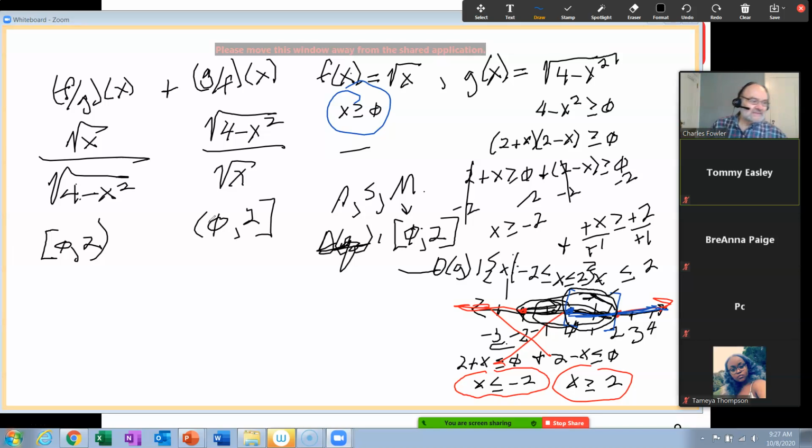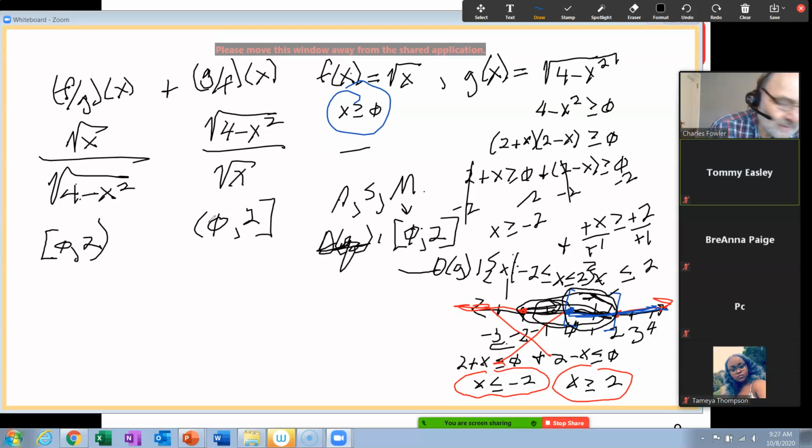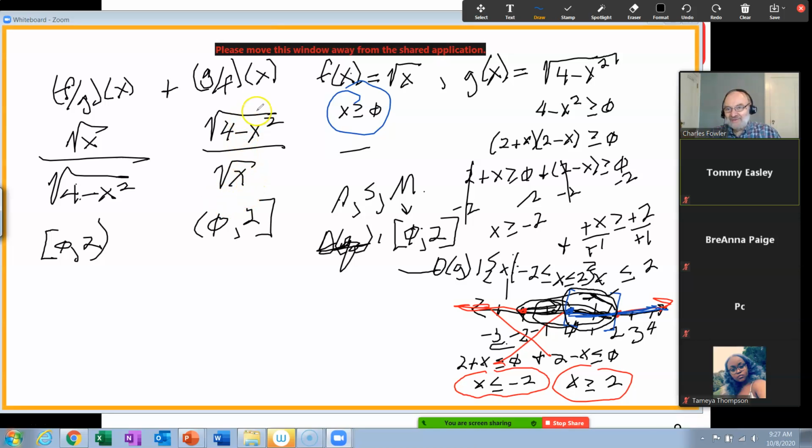All right. Let's see how the book did it. They wrote down, this is the easy part, the division: f divided by g is just simply f divided by g, and g divided by f is just that.